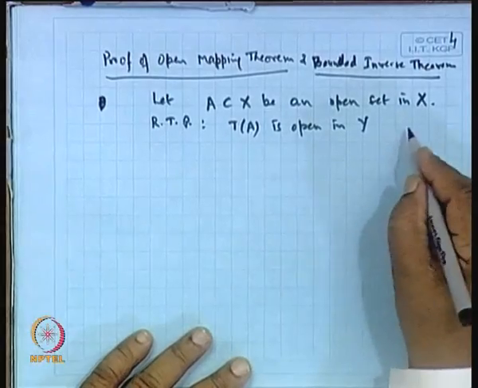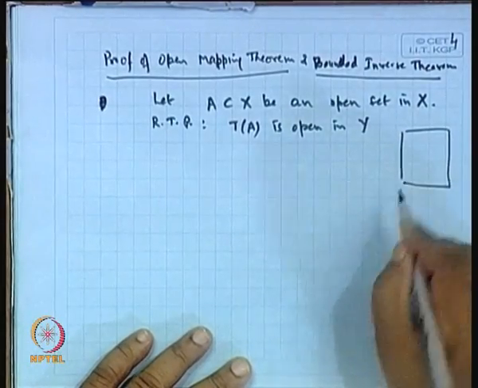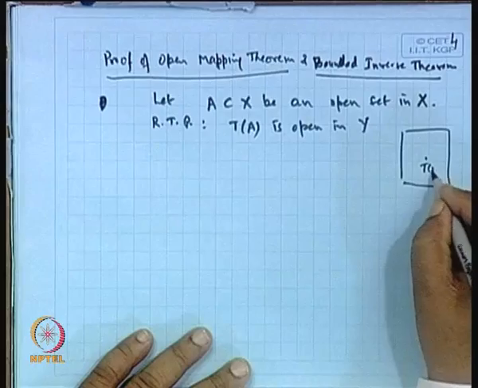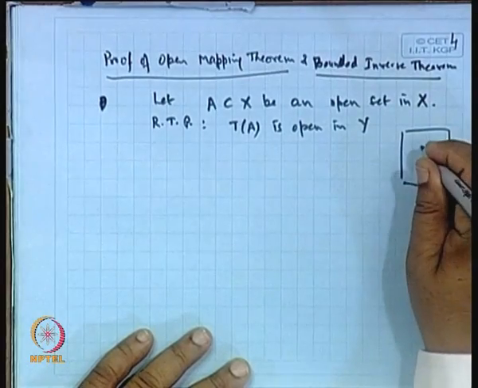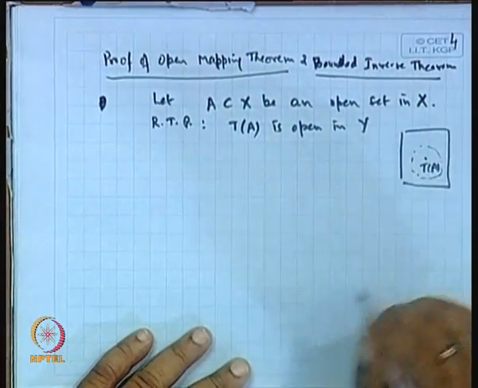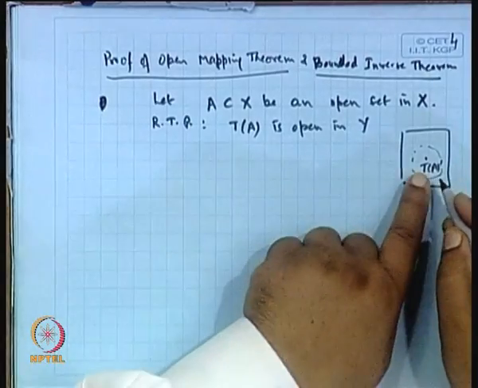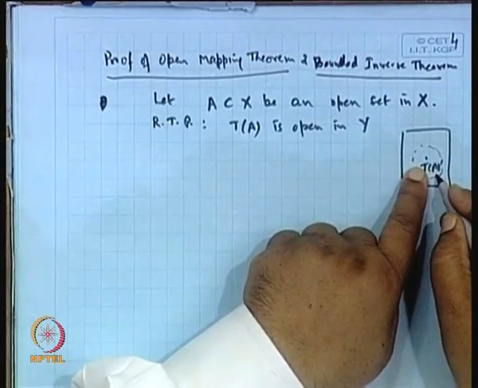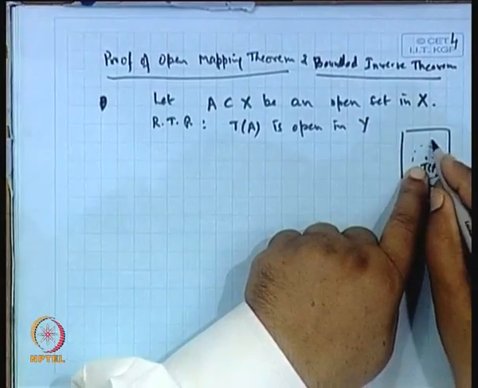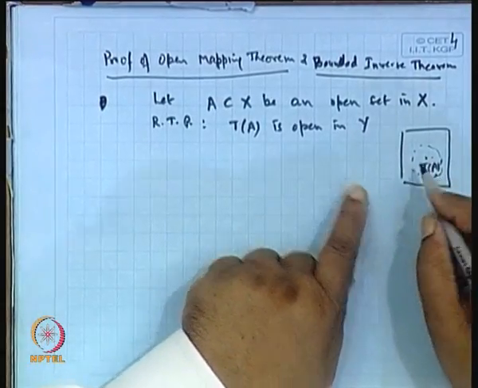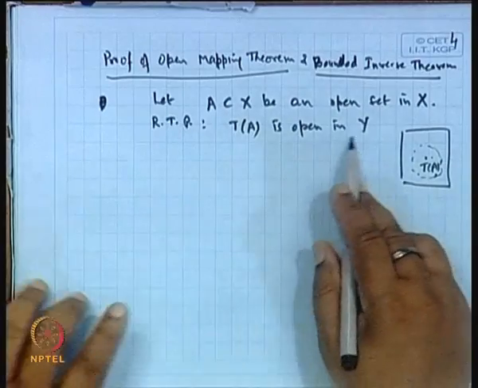So, how to prove this thing to be open? If this is our T A and we want this to be open, it means there must be some open ball centered at T A with a suitable radius which is totally contained in Y.